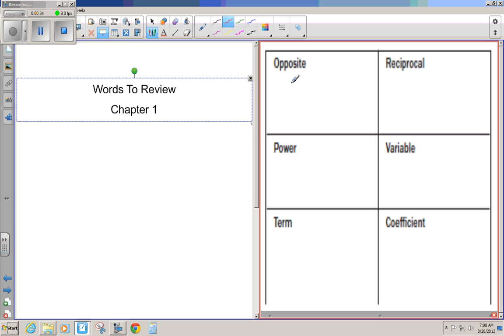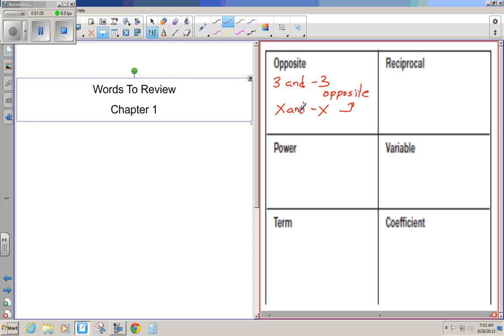So let's talk about what opposite is. Opposite, when we're dealing with numbers, we're dealing with things that have the opposite sign. So 3 and -3 are opposites. x and -x are also opposite.